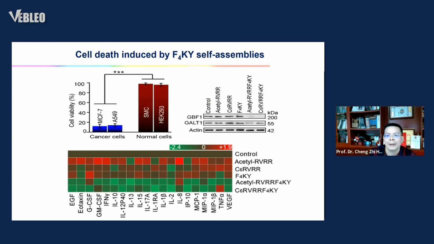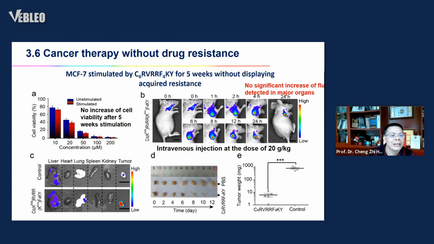two completely different cell death processes, may both be induced after the assembly of the F4KY. Because of the mechanical disruption and induced multiple death pathways, we suppose that acquired drug resistance can be avoided. In such case, we tested whether the breast cancer cells, and some animal tests.